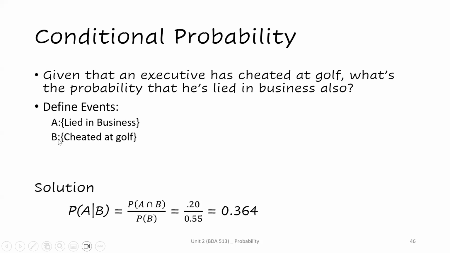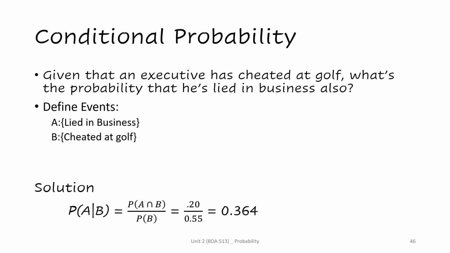Are you following? Okay, so in that scenario, you want to find the probability of lied in business. We have defined X as lied in business and then Y as cheated at golf. In that case, our solution will be probability of X given Y. Have you seen?